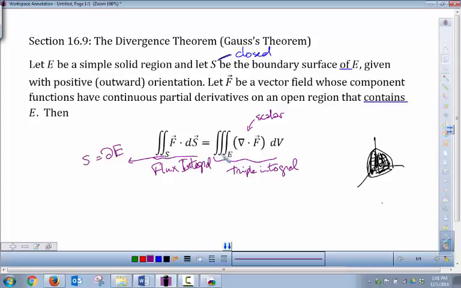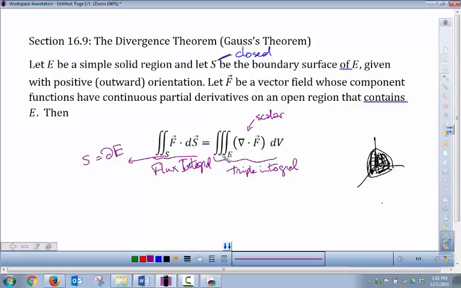In your experience, what seems to be easier to compute, a flux integral or a triple integral? Flux is easier? Well, it depends. But I think in general, the triple integral is a little bit easier to compute because you're dealing with scalar functions.